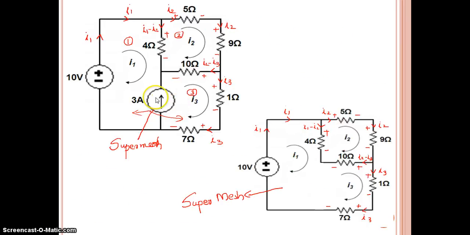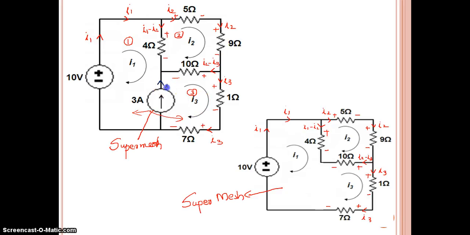See, this is our current source present between two meshes, and this current is flowing upward; the branch current is shown as 3 ampere. If I draw the arrow of this current, this is 3 ampere. Actually, what is that current? This is a branch common to two meshes. In mesh 1, I1 is coming down, in mesh 3, I3 is going up, and I am showing the direction up. It is the same as the direction of I3.